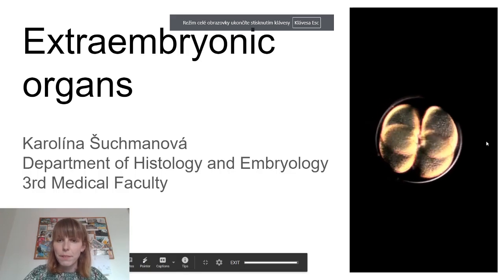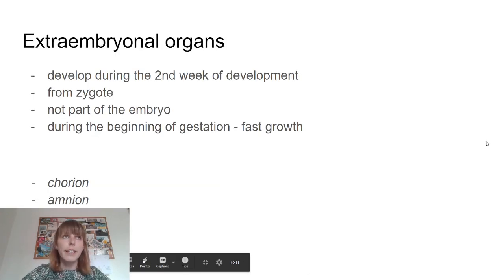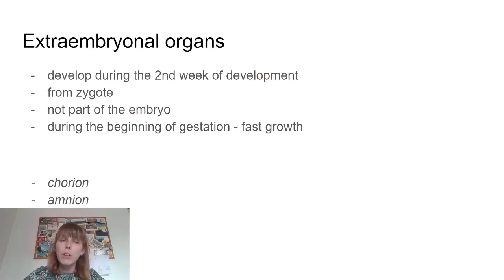So the extra embryonal organs develop from the zygote. When the oocyte that we talked about last time gets fertilized in the oviduct, the fallopian tube, it becomes a zygote, which will then start growing and dividing, and it gives rise to the embryo and the extra embryonal organs, and these start to develop during the second week of the development of the future embryo.